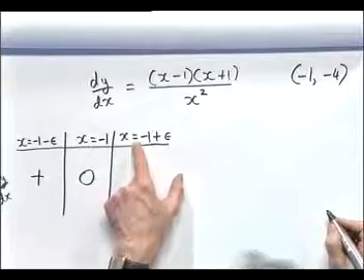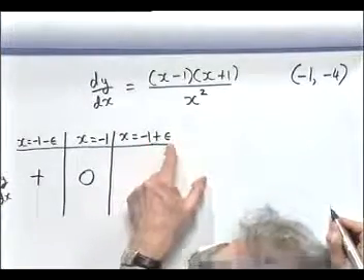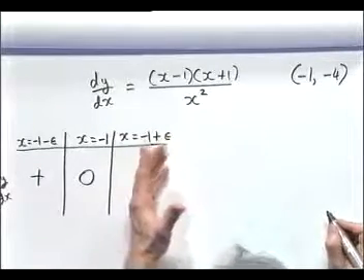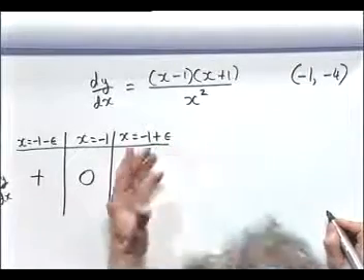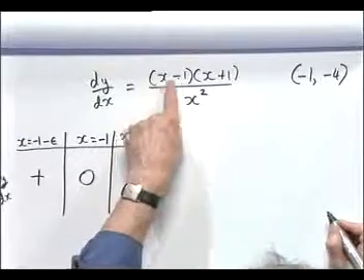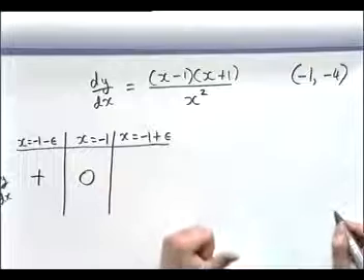Now let's have a look a little bit after x equals minus 1. Minus 1 plus a little bit. So the little bit might be 0.1, and minus 1 plus a little bit would then be minus 0.9. So we've got minus 0.9 minus 1. Well, that's minus 1.9. It's negative.